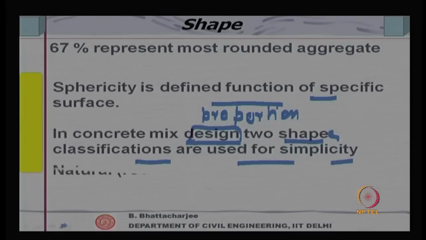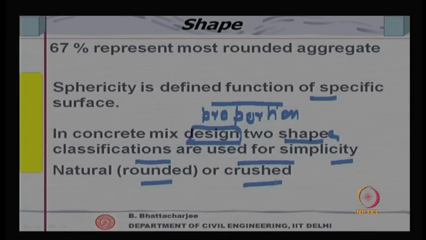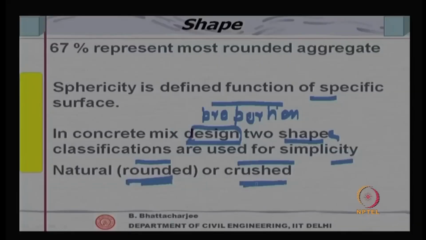These are simply natural, rounded or crushed. Some other codes use more than that, but some codes use simply two classifications, rounded and crushed. So, from the shape point of view, qualitatively you can talk simply in terms of rounded and crushed, or then there are many other classifications in between, subangular, angular, etcetera.